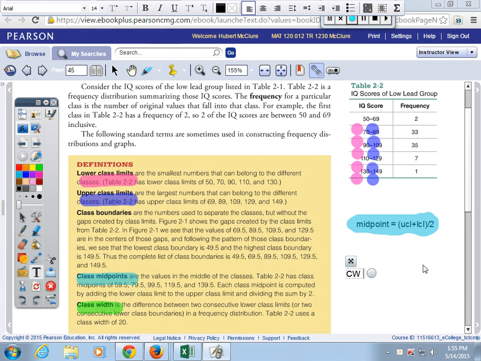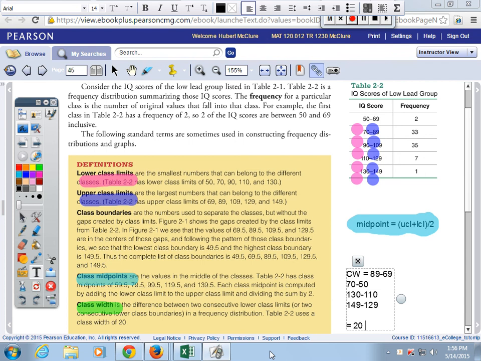Class width is equal to 89 minus 69, or 70 minus 50, or 130 minus 110, or 149 minus 129. And what are the answers to all of those? 20.